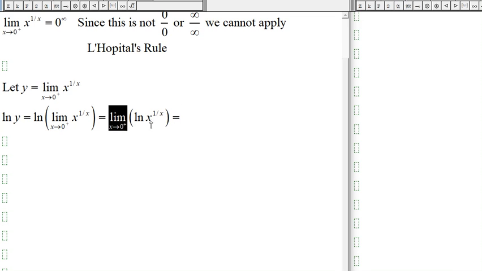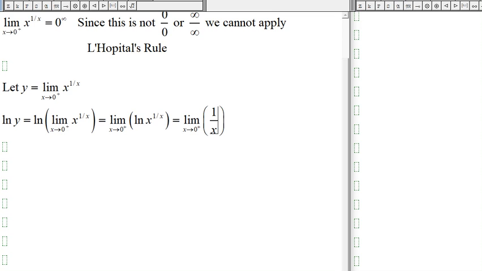And since we have natural log of x to the 1 over x, we can write this as 1 over x times ln of x, and then this becomes ln of x divided by x.